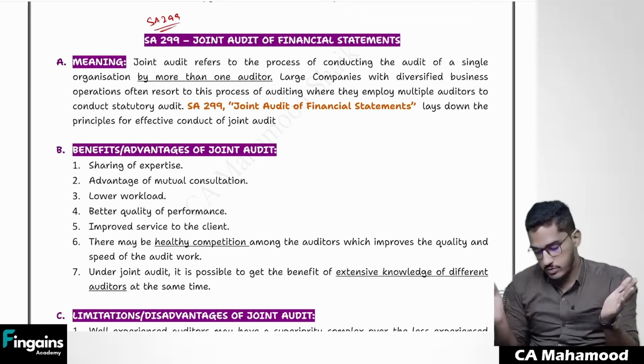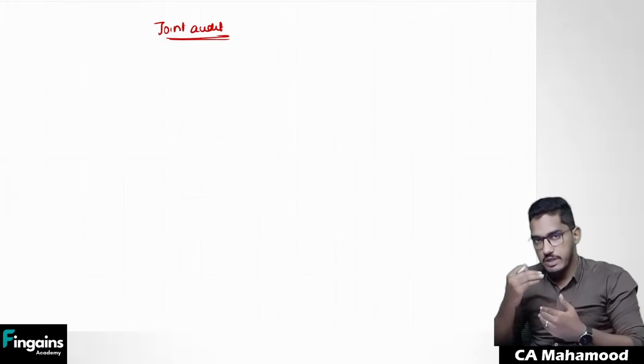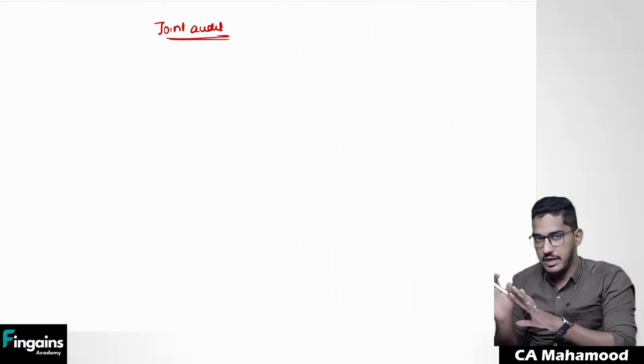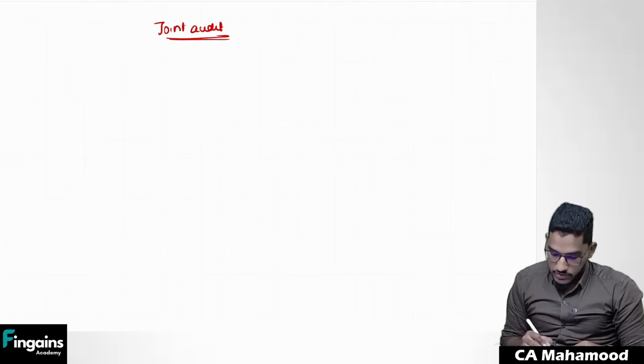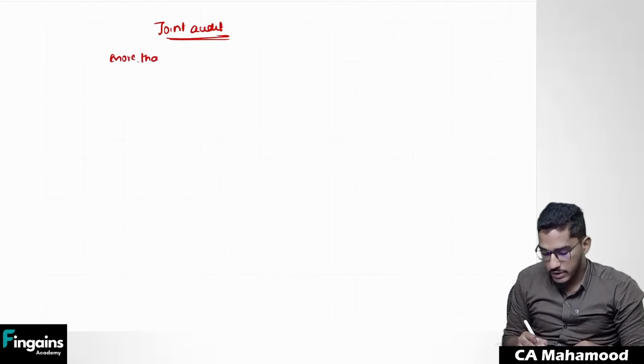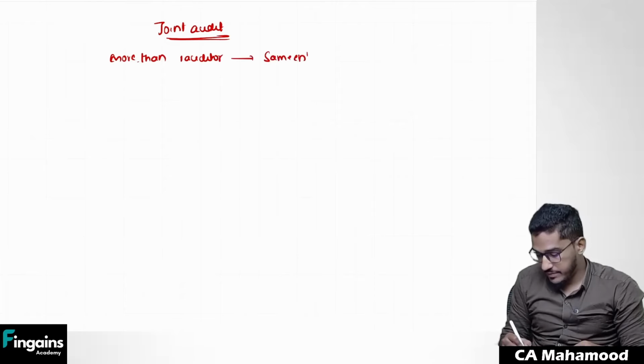First of all, what is the meaning of joint audit? I will tell you the meaning, then I will give you a few examples to make you understand what exactly this joint audit is. Joint audit means when more than one auditor is conducting audit of the same entity for the same financial year and also having the same scope of work, then we call such assignments joint audit assignments.